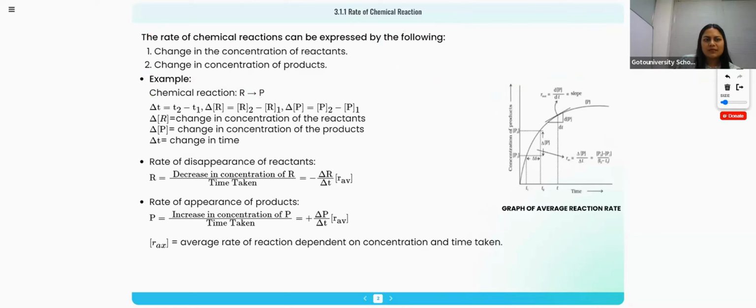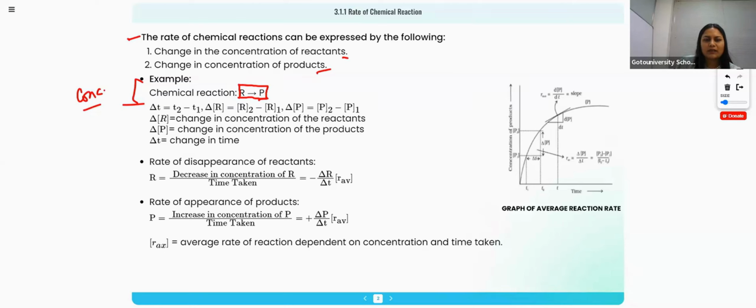Understood? So basically, the rate of chemical reaction can be expressed as the change in concentration of reactants and the change in concentration of product. Here we have taken an example where reactants are forming some kind of product. So basically, in a chemical reaction, we check concentration. Now, how do we calculate the rate of chemical reaction here?